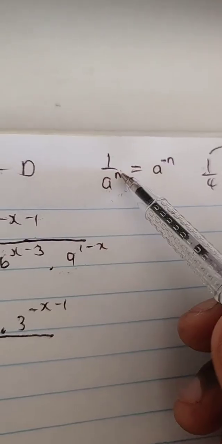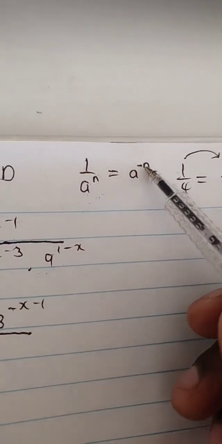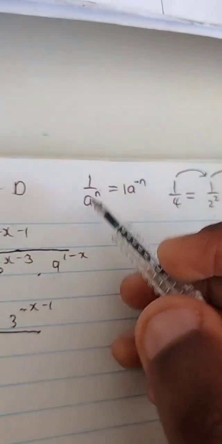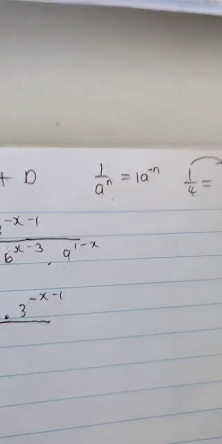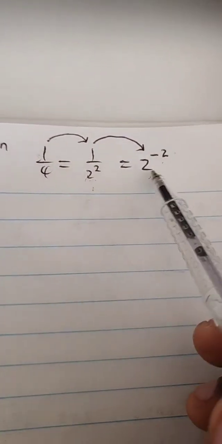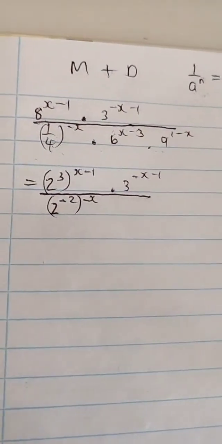The exponent changes sign from positive. Now I have a to the power negative n. The 1 that was there is still there, but multiplied to a in the numerator. So therefore the answer is 2 to the power negative 2. Here it's like saying 1 times 2 to the power negative 2, which is that. So if I want to write 1 over 4, I can express it as 2 to the power negative 2 if I go straight to the point.